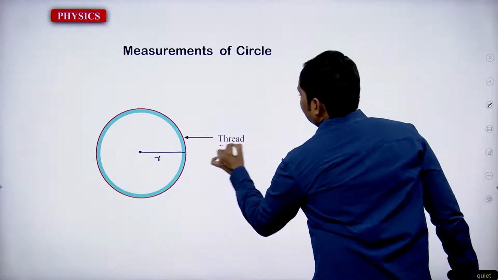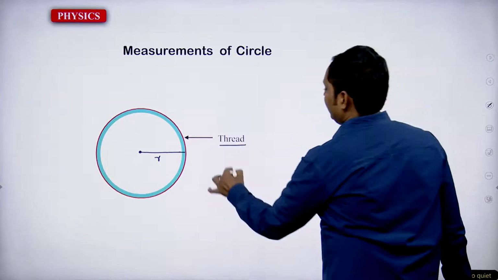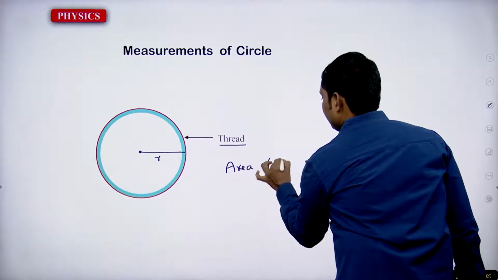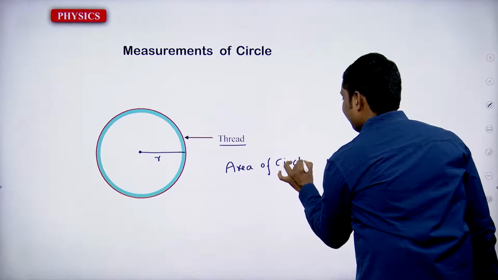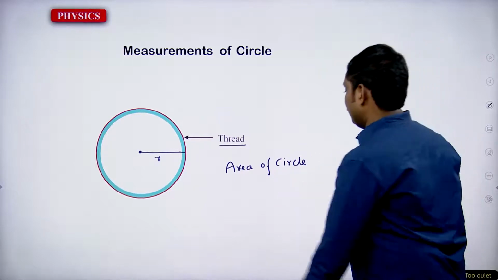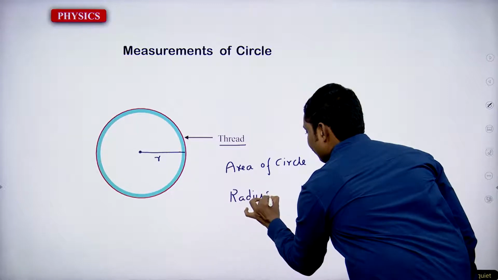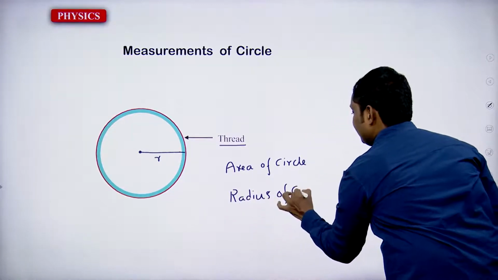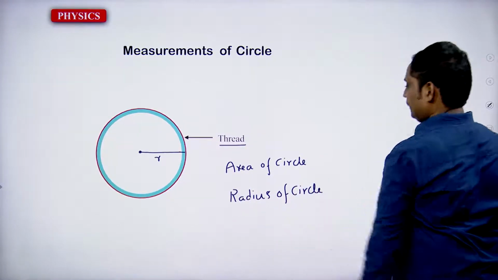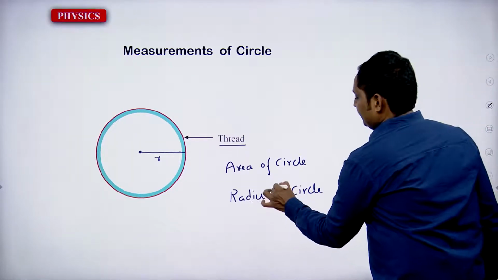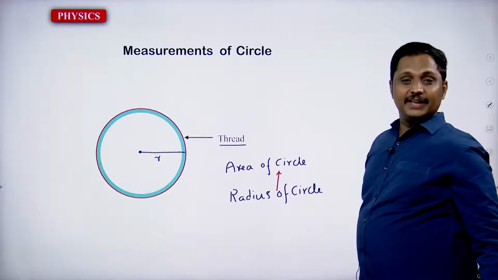With the help of this thread, you can measure the area of the circle, and you will measure the radius of the circle also. Is it possible? Very simple. After measurement of the radius, you can go for the area.